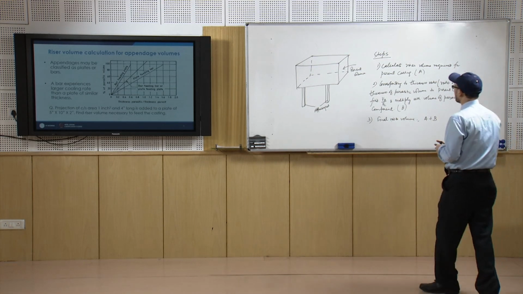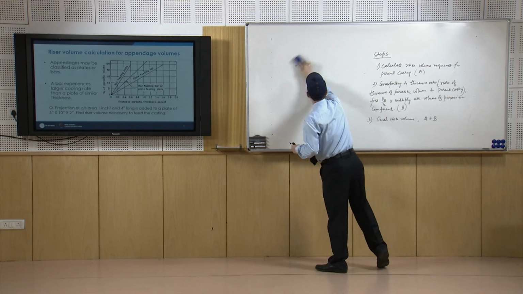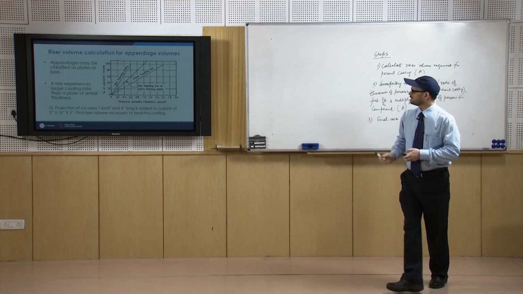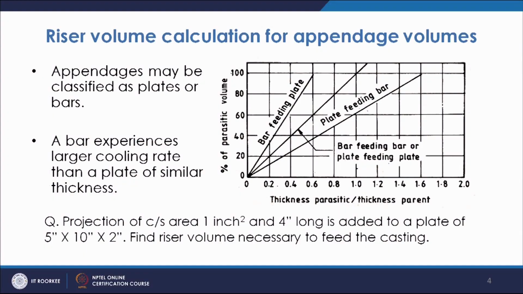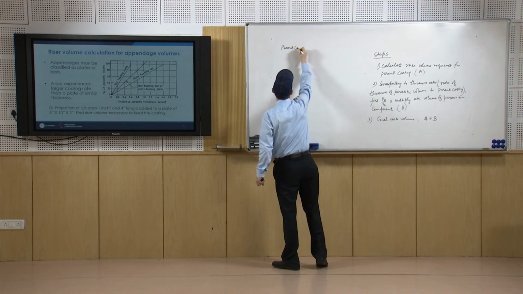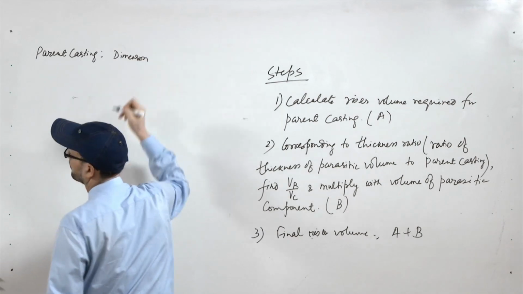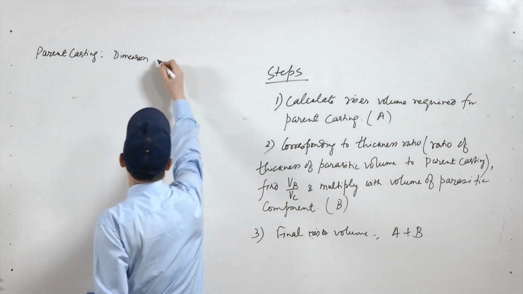Let us solve a problem for such cases. The problem is that a projection of cross sectional area 1 inch square and 4 inch long is added to a plate of 5 inch by 10 inch by 2 inch. Find the riser volume necessary to feed the whole casting. Here the parent casting has dimensions of 5 inch by 10 inch by 2 inch.